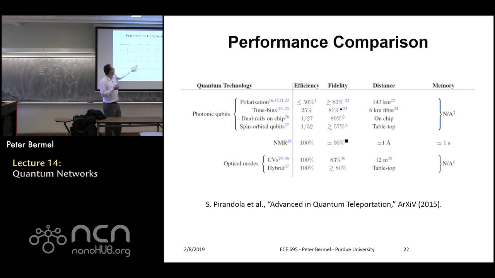And then if you look at the tabletop experiments I was talking about a minute ago, the efficiency is actually very high. It's close to 100%. And the fidelity is comparable. Of course, it's over a much shorter distance, so arguably it's not a fair comparison, but it is more efficient. So, any questions about this part?